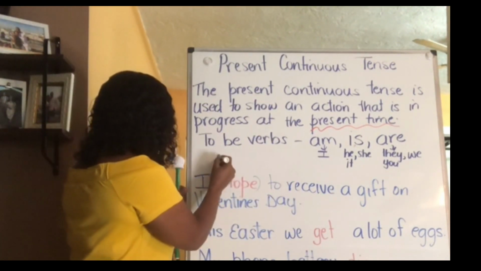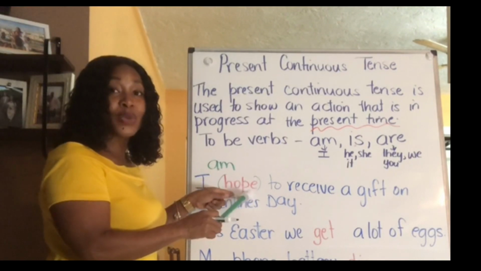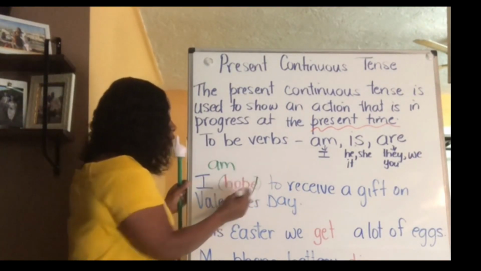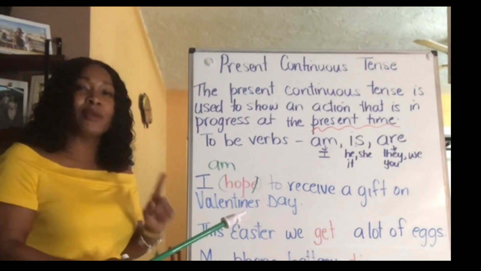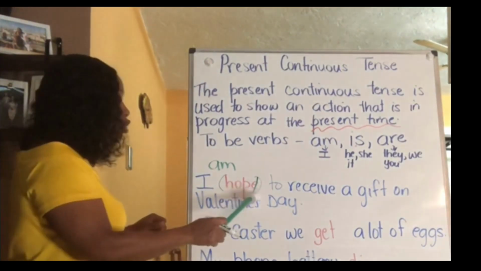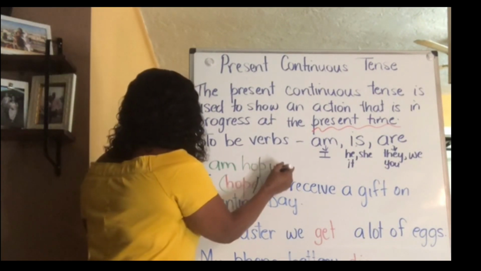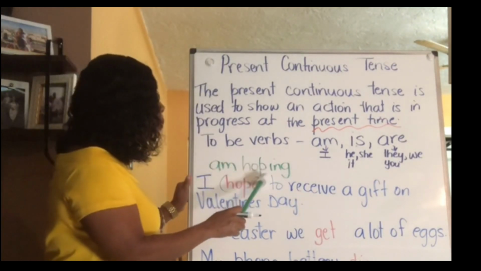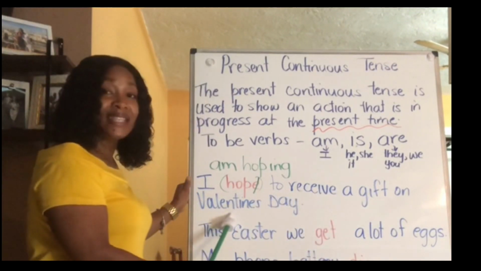So I am hoping, because we're adding ing to the main verb, but this main verb ends with a single E. Remember, when the main verbs end with a single E, we drop the E. So HOPING. I am hoping to receive a gift on Valentine's Day.